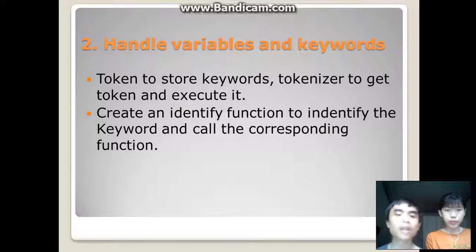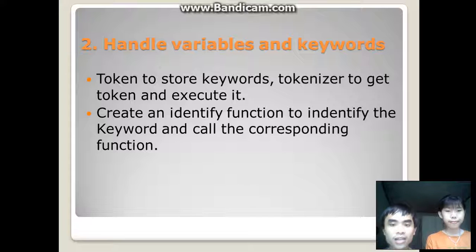Next, I will show you how to handle variables and keywords. First, at the beginning, we can see there are two classes separately. The first one is called token, and the second is tokenizer. Going deeper, in the token CPP file, we can see there are various commands that we might get from the user.